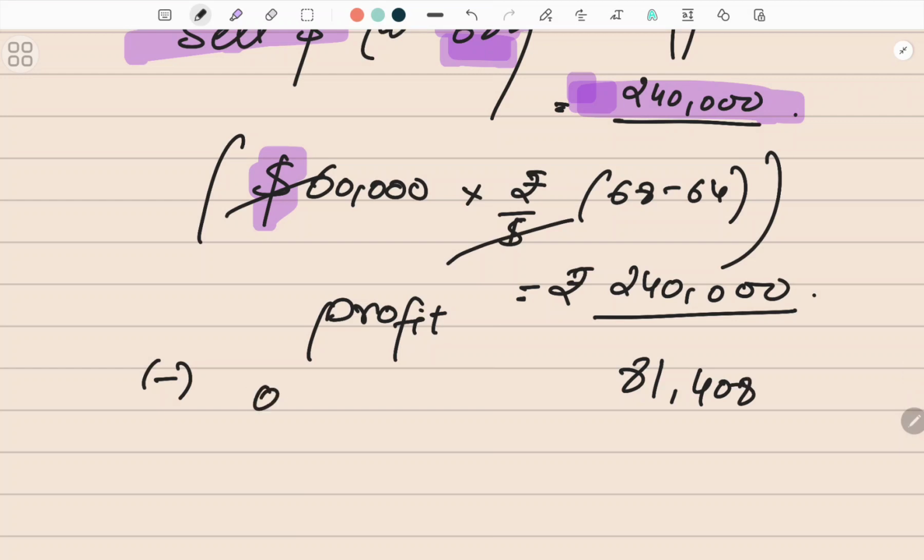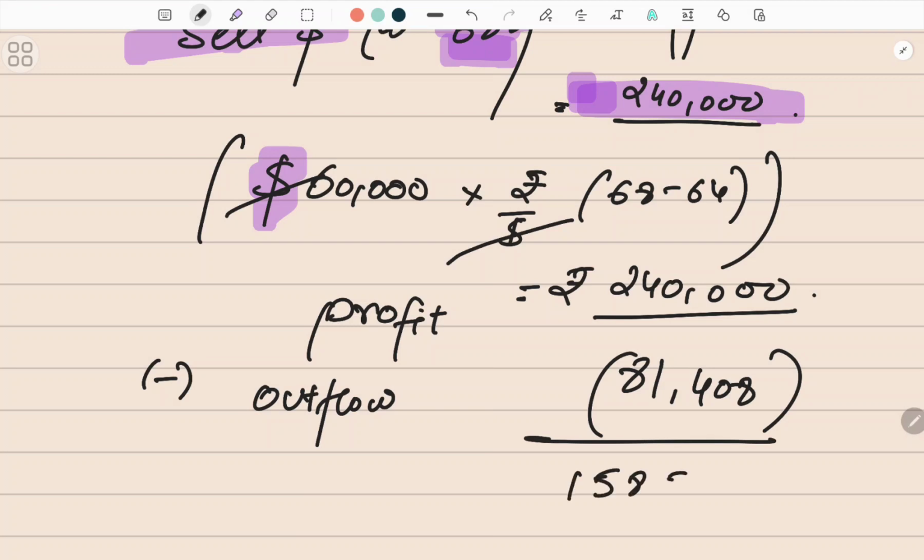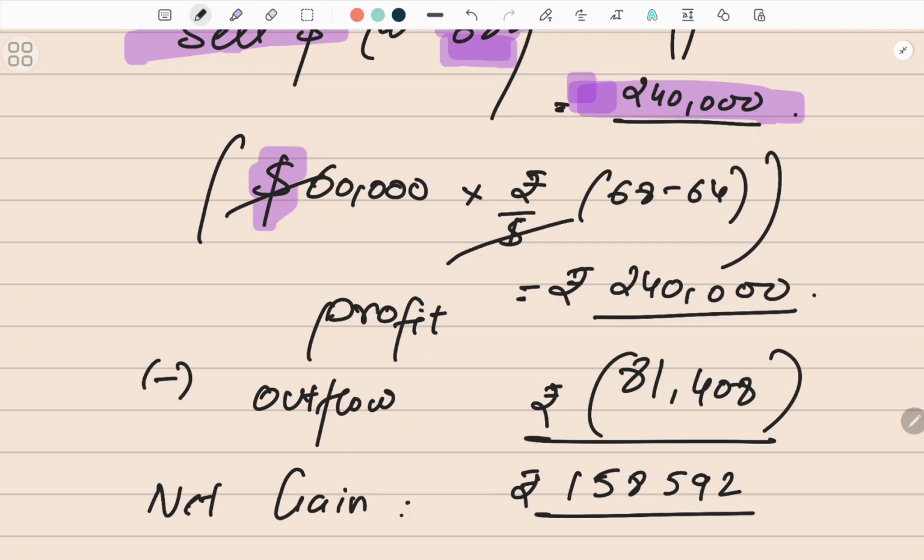This is your outflow. Okay, so you have to subtract this. 240,000 minus 81,408 would give me 158,592. All this is in rupees. So this is your net gain, you could say, in the first scenario where the exchange rate turns out to be 68. Correct? This is your final answer.